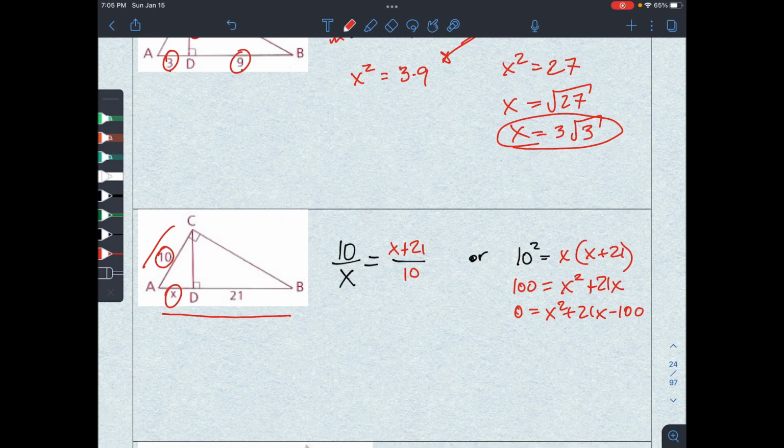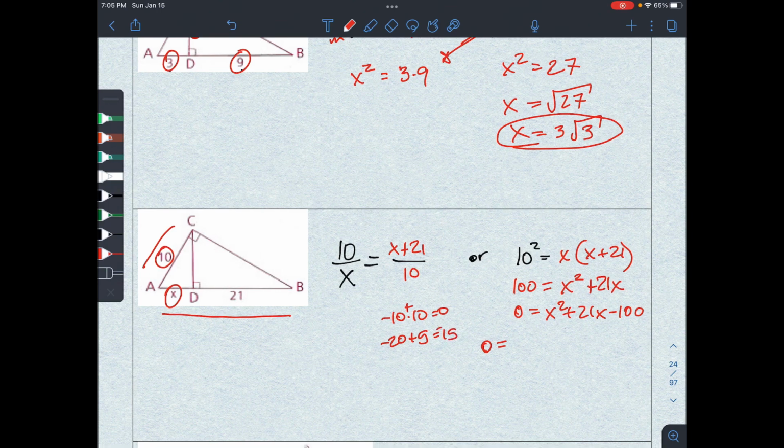And now you're trying to think of what two numbers multiply to give me 100, but subtract to give me 21. Well, 10 times 10, but if you make one of them negative, that would give you 0 if you add them up. But if I take 20 times 5, that gives me 15 if one of them is negative and I add them.